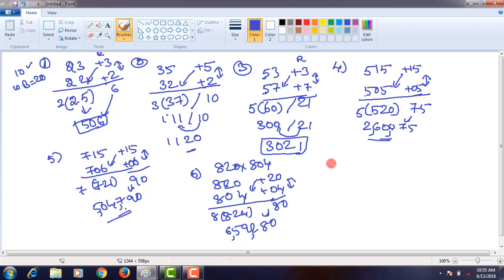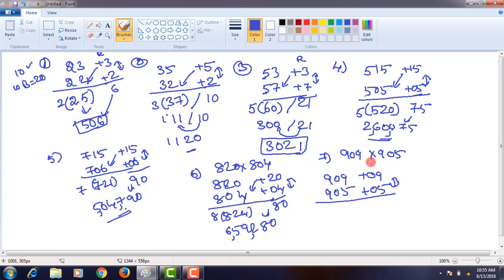Let us take our last example, that is 909 into 905. Here our working base is 900, and 909 is 9 more than 900, and 905 is 5 more than 900.